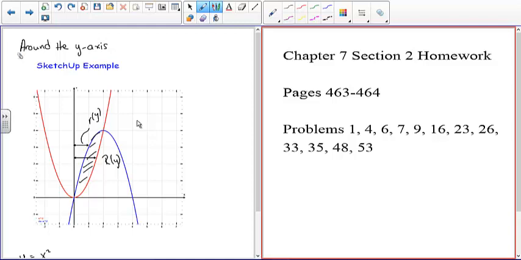If it's rotated around the y-axis, you have to integrate with respect to y. So the hard part is identifying what those quantities are. The integrations, for the most part, we deal with polynomials, so they end up being simple polynomial integrations. So that's the easy part, but people have trouble with it. So we're going to spend a lot of time trying to visualize what's going on.